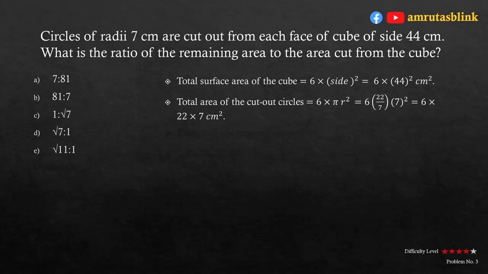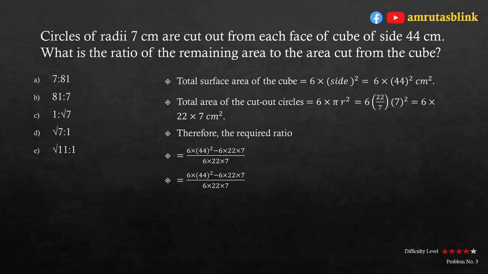Now we need to calculate the ratio of the remaining area to the area cut out from the cube. So the required ratio is, how to calculate remaining area? Remaining area will be total surface area of the cube minus total area which is cut out in the form of circles. So 6 into 44 square minus 6 into 22 into 7 whole divided by 6 into 22 into 7.